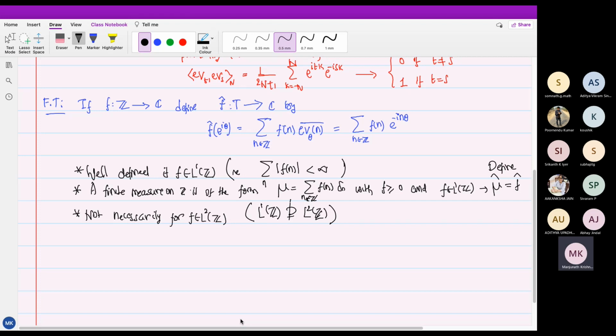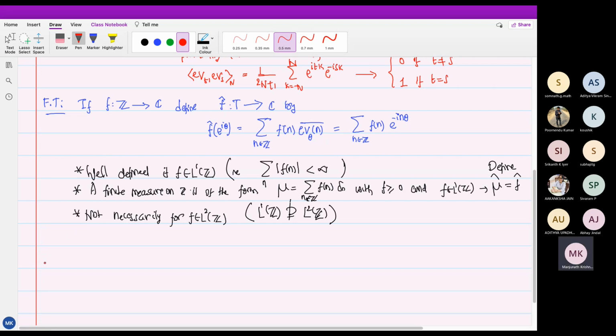Okay, so now let me explain how one defines Fourier transform for functions in L2 of Z. It's not at all clear from this, so it has to be approached rather indirectly. Let's do that slowly. First we have to analyze Fourier transform on L1.